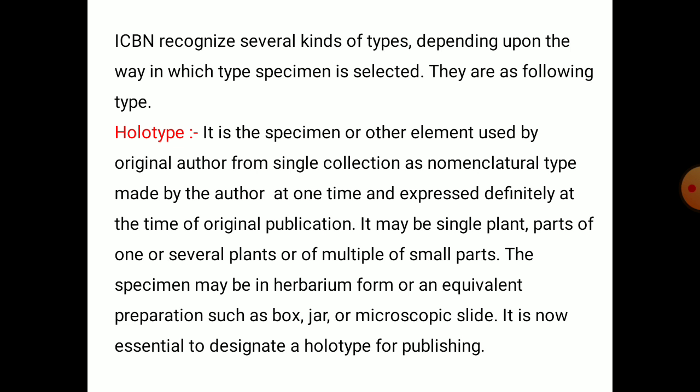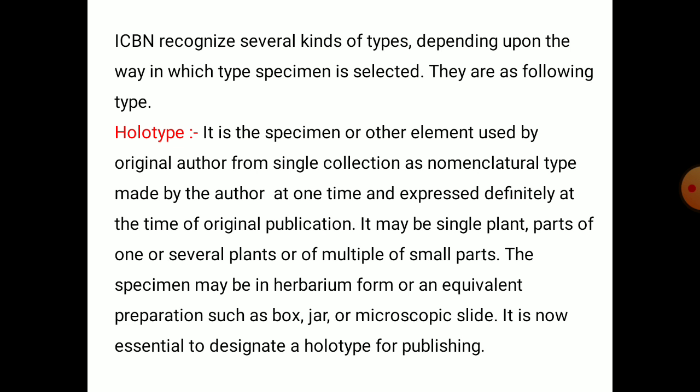Whatever he designates as the new species at the time of the original publication, that is the holotype. The holotype may be a single plant, or a part of one or several plants, or multiple small parts. It may be the seed, or part of a flower also.